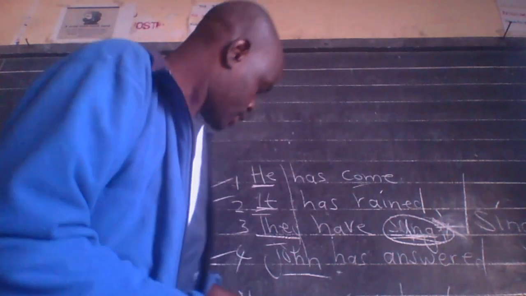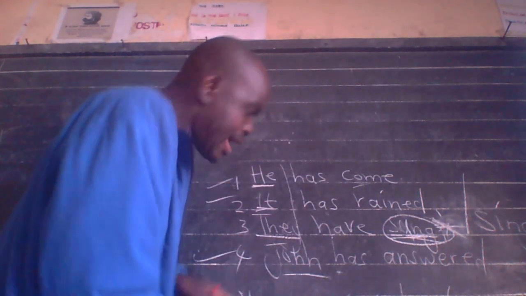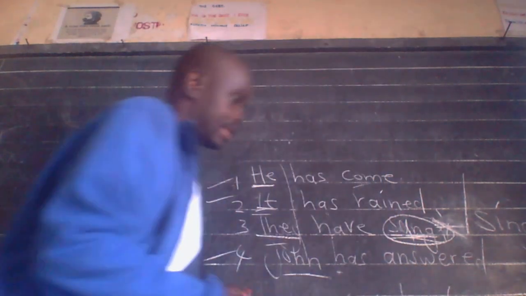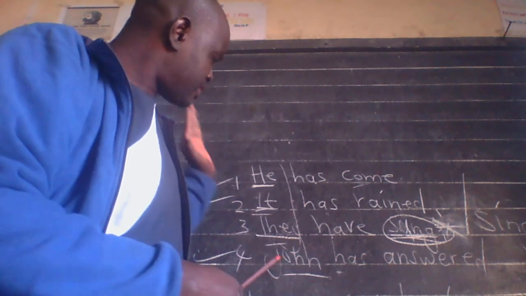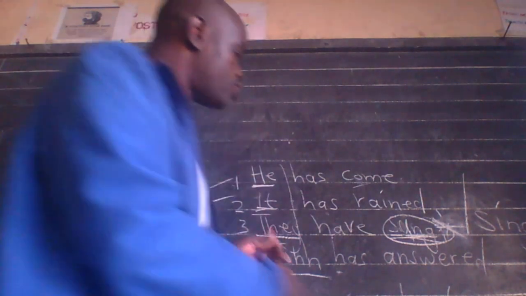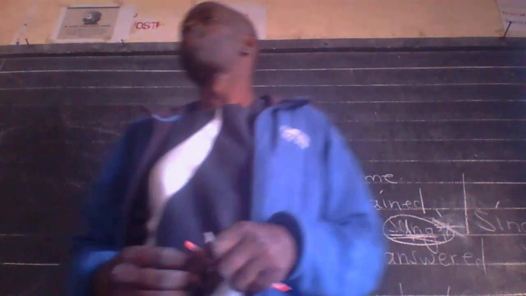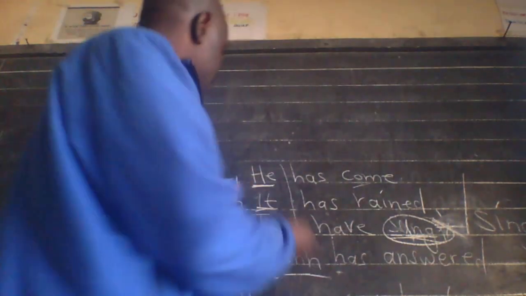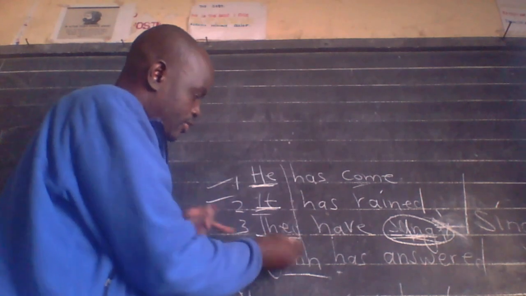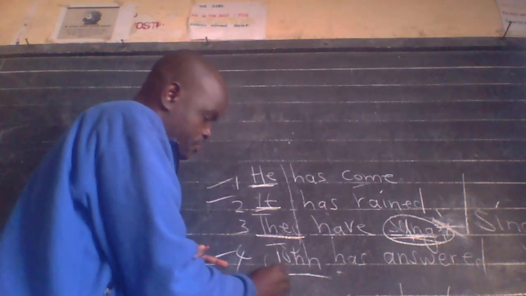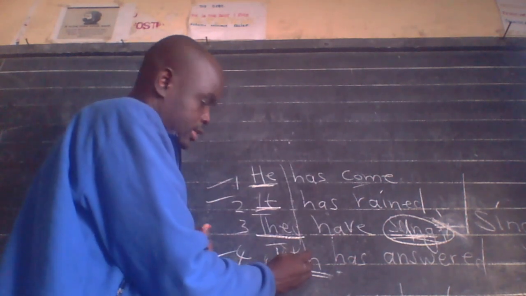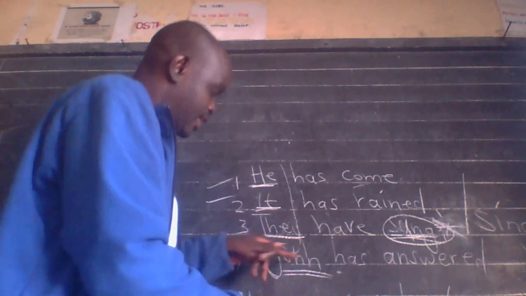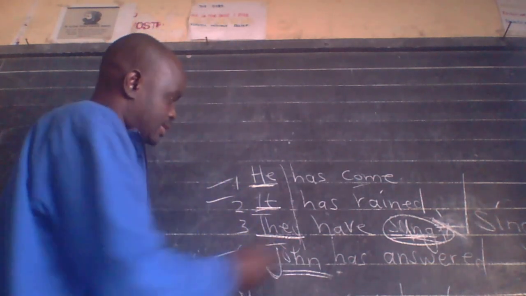Before we do that, you may be asking why here we are saying have or has. According to our examples, can somebody tell me a scenario in which we use has or have? Yes. You can look, this is he, it, this is they, this is also a noun. This is the third person singular, because it's one person.